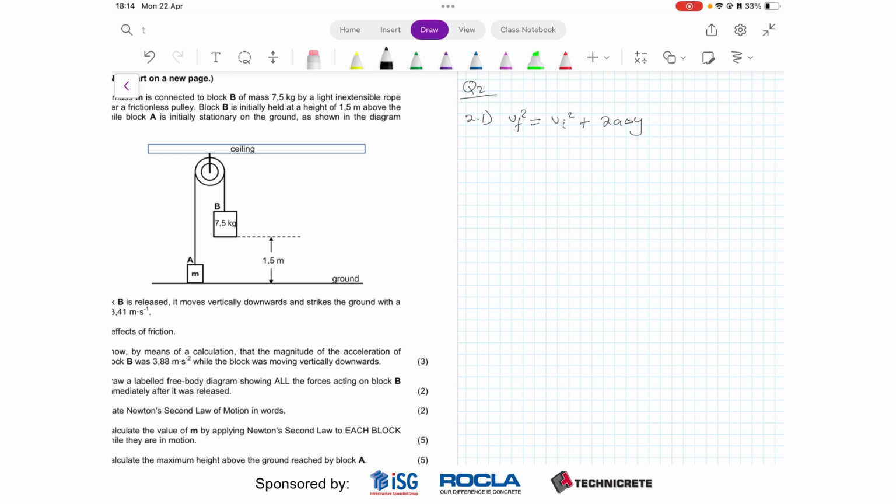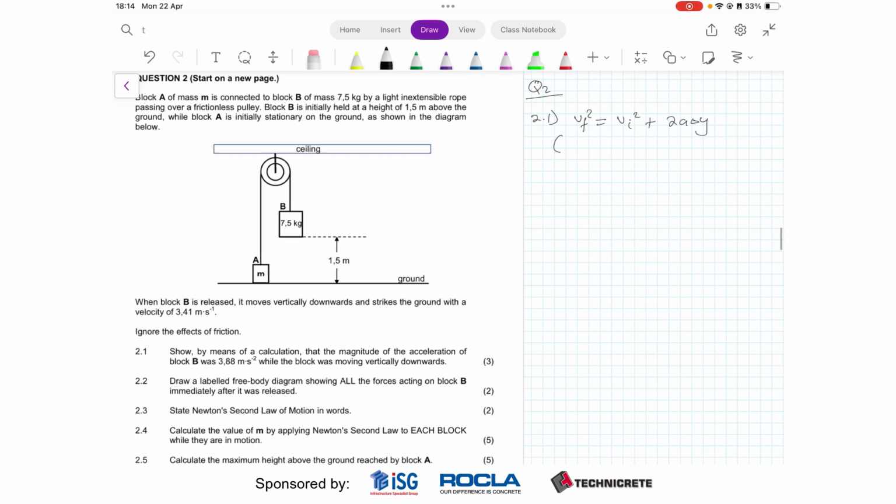Okay, so from here we know the final velocity of block B. The final velocity of block B is 3.41 meters per second. And the initial velocity of block B is 0 because it was initially held stationary.